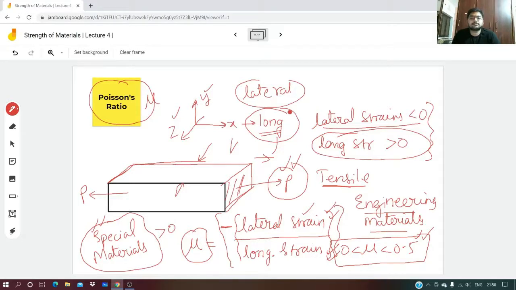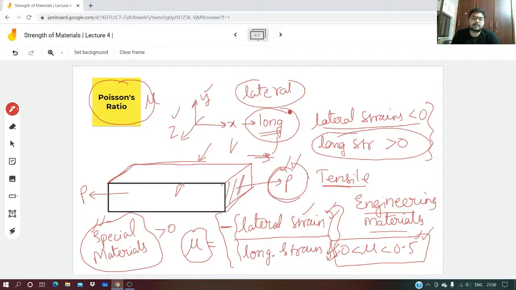They will not reduce. Whether you are applying load in longitudinal or applying in lateral directions, whether in x direction or y direction or z direction, irrespective of that, whether stretching is happening in x direction or y direction or z direction due to the load applied, irrespective of that, all other dimensions will also increase.